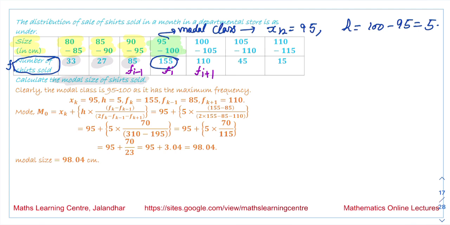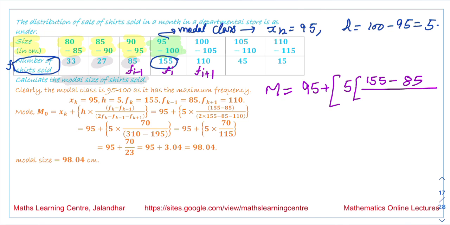Now substituting these values in the formula, we get that the mode is equal to xk, which is 95, plus the value of h, which is 5, multiplied by 155 minus 85 divided by 2 times 155 minus 85 minus 110.